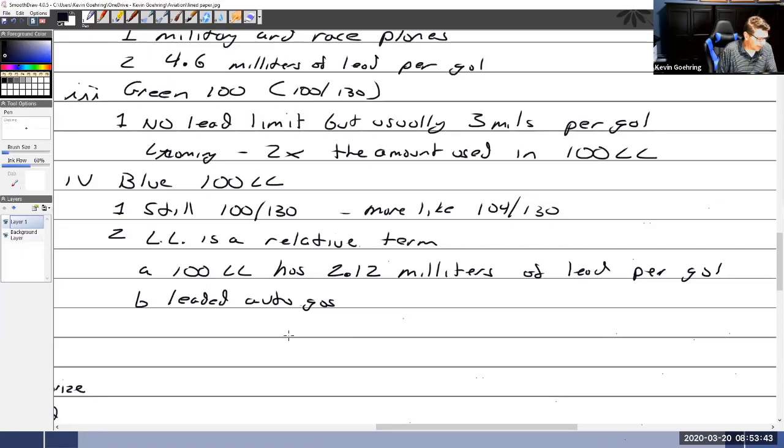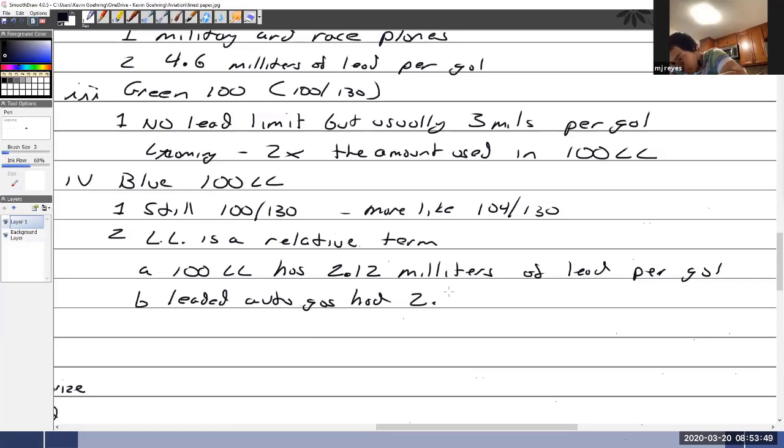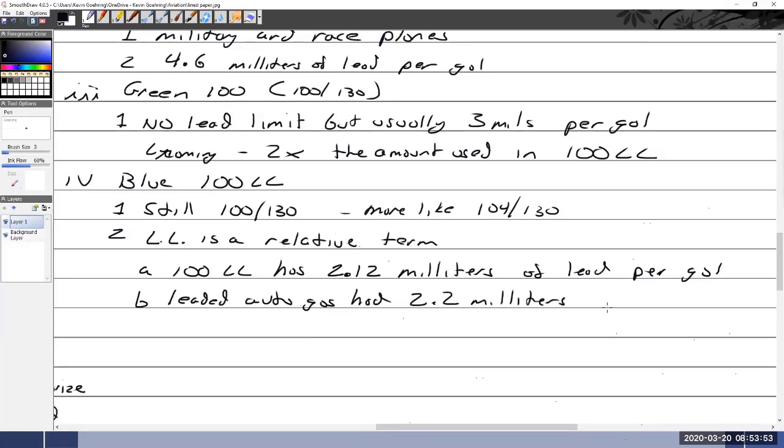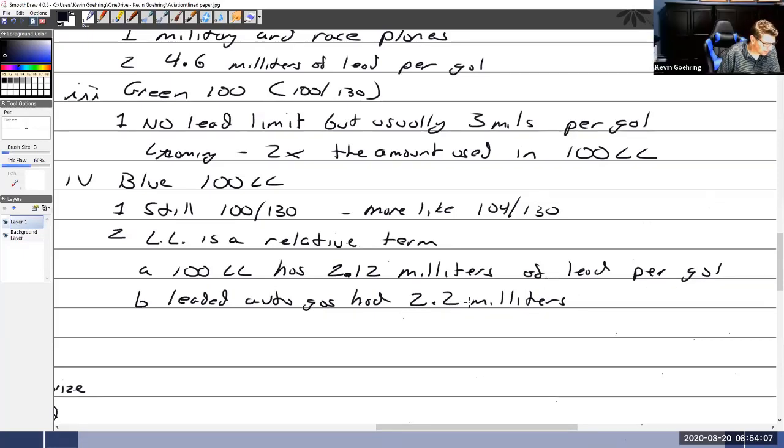So leaded auto gas, when they had it, had 2.2 milliliters. Oh, dude, that's way lower. What are you talking about? From 2.12 to 2.2. Dude, totally. So yeah, it's low lead. Don't worry about it. Per gallon, 2.2. Oh wait a minute.